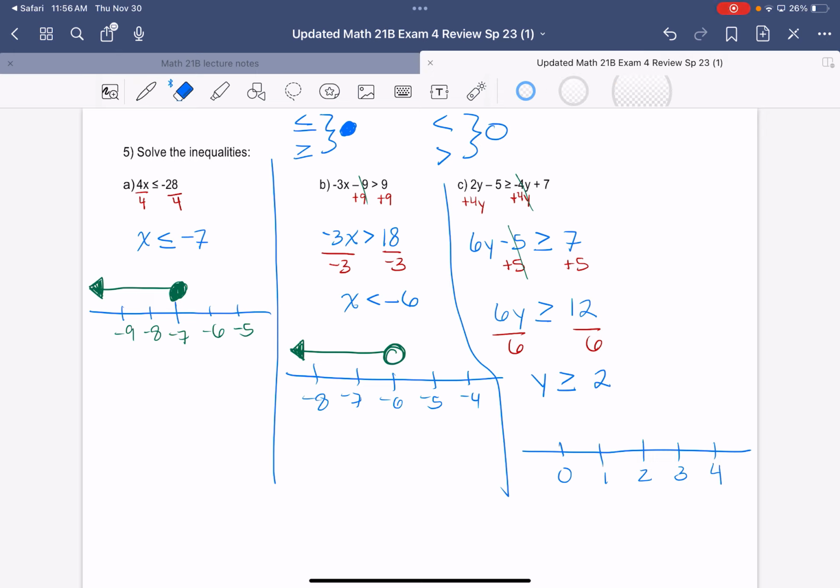So at my 2, do I do an open circle or closed circle? Closed, because it has that equal to, greater than or equal to. And then do I draw my arrow to the left or to the right? To the right. And that's it.